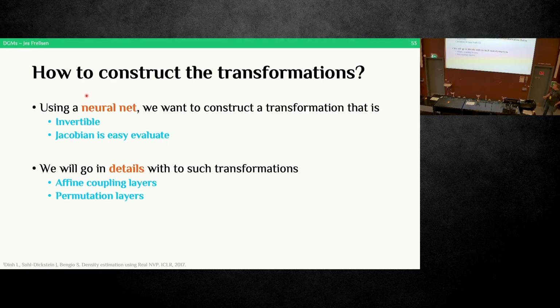So we want to utilize a neural network to construct a transformation that's invertible and where the Jacobian is easy to evaluate. There are many ways that you can construct these transformations, but we're particularly going to look at what's called the affine coupling layers combined with permutation layers.